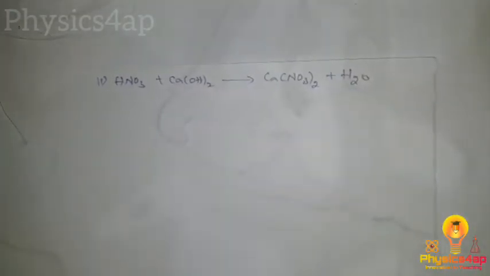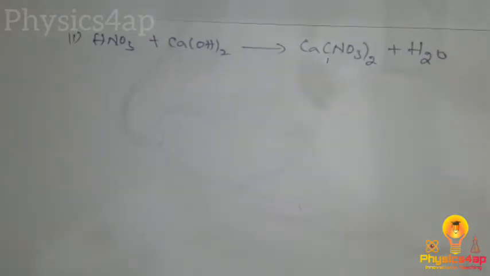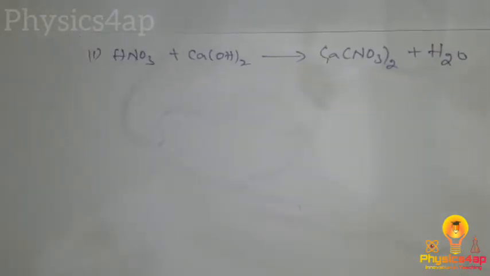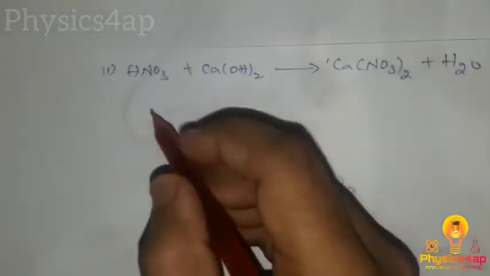Now observe carefully while balancing it. It's very easy, as we don't have the coefficients. Whenever we balance, after balancing we get the coefficients, right?